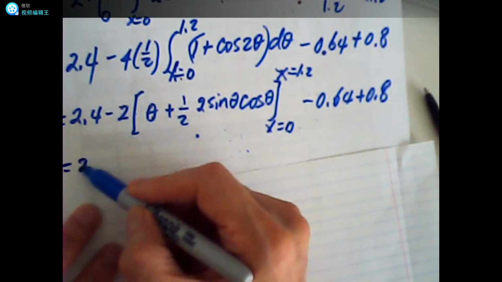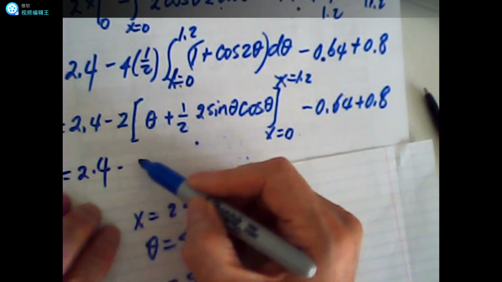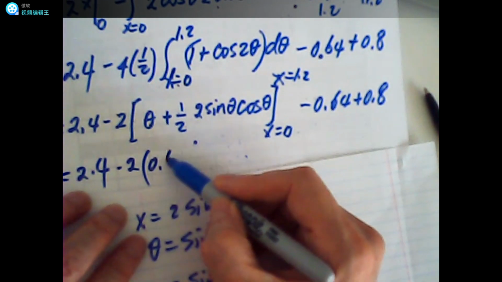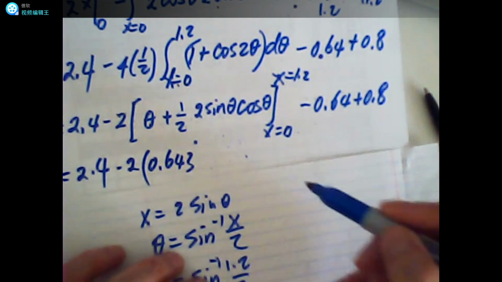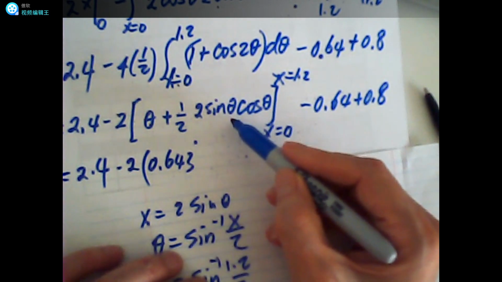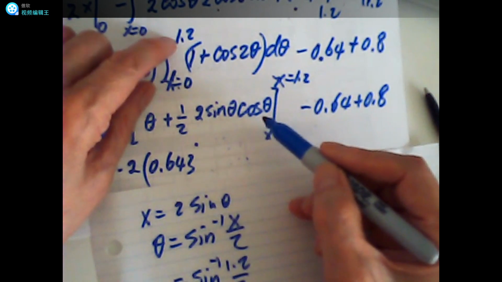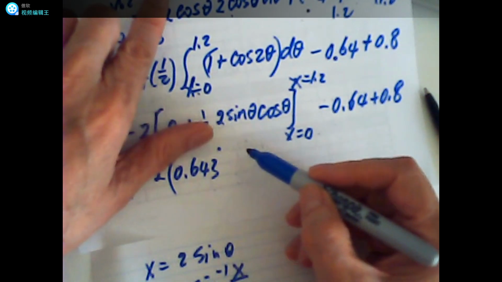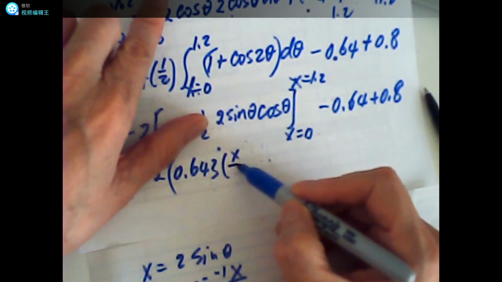Okay, so this is 2.4 minus twice 0.643. Sine theta is x over 2.